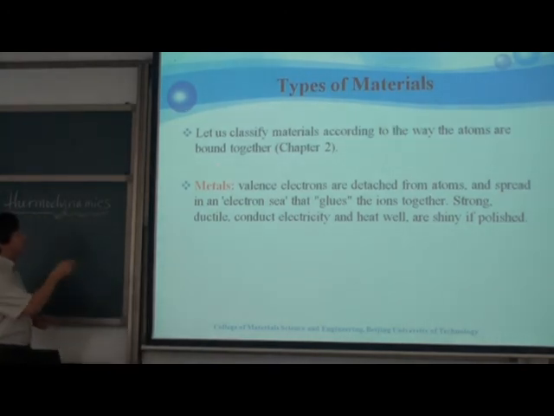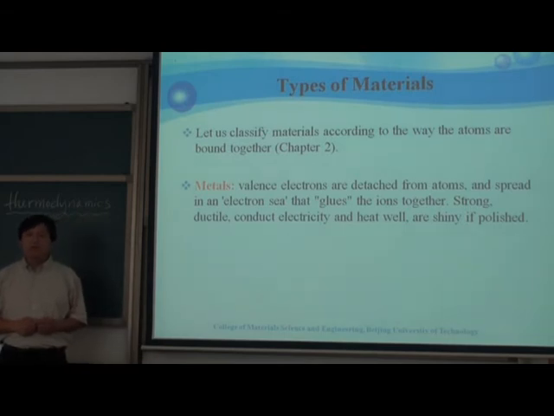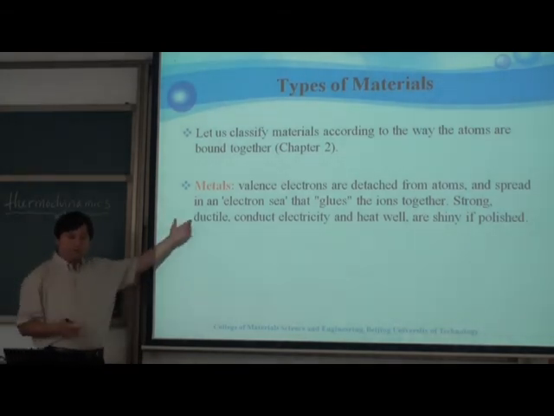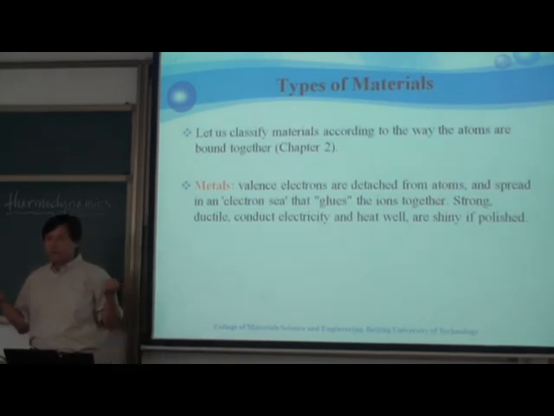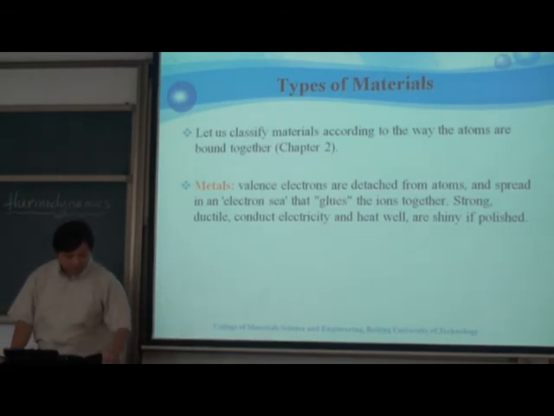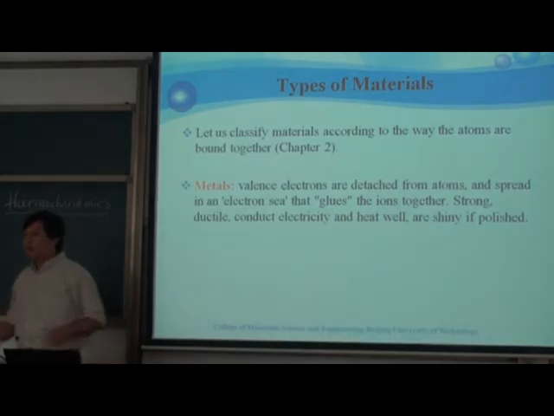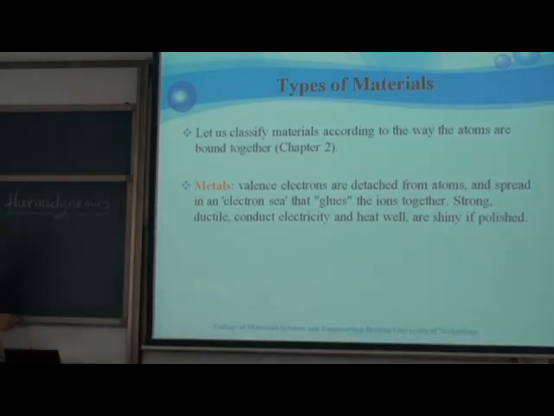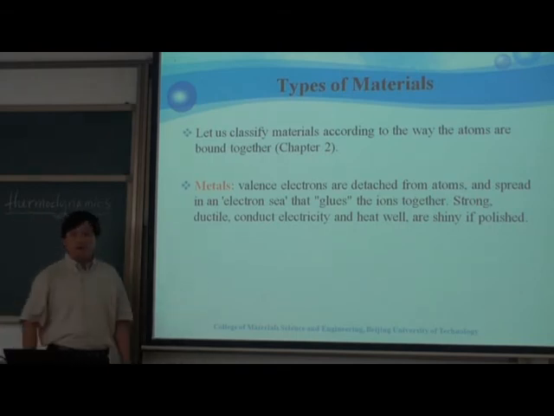So metals, what are metals? What are the features of metals? Why do you say this is not a metal? Why do you say my key is a metal? What are the features of metals? Compared to others, metals are relatively strong, right?